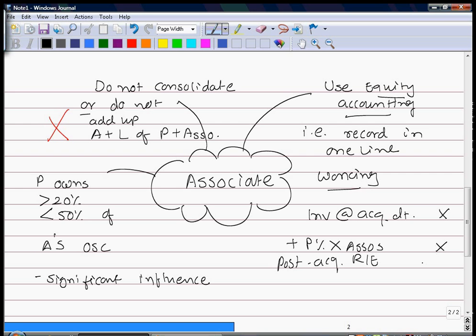That will give you the item to add to the investment at the acquisition date, and you will find the final figure, and that will go to your SFP, and you call it investment in associate, and this is your SFP figure. Okay, so this is how you treat the associate. This is what you need to remember in terms of associate.